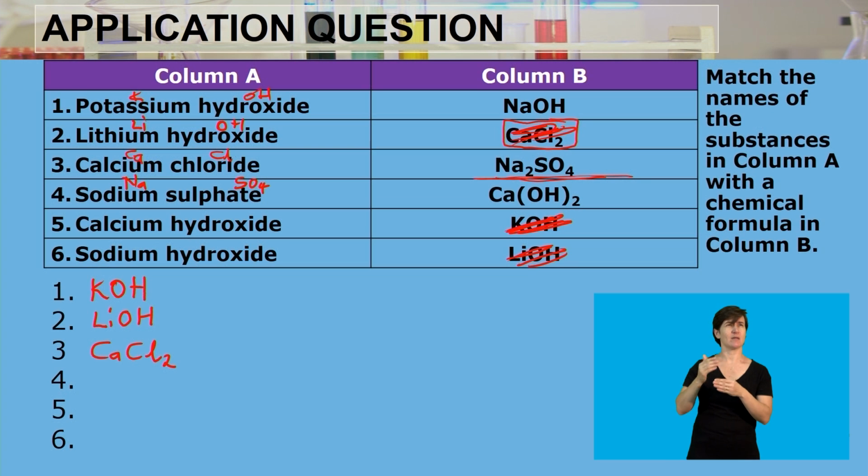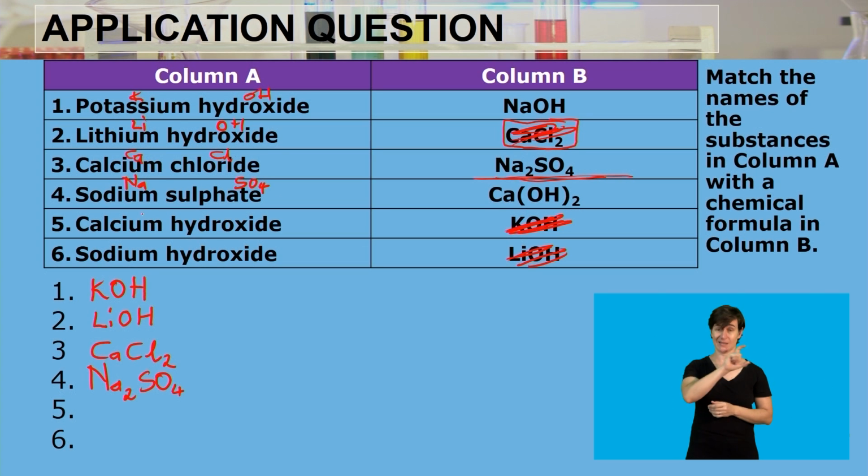Or to break it down even further, for every 2 atoms of sodium, we need 1 atom of sulfur and 4 atoms of oxygen for us to have our sodium sulfate. So number 4 is going to be Na2SO4.